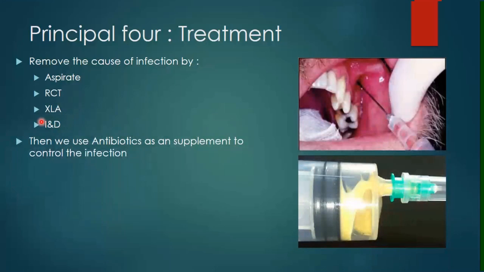But if we have an abscess, we need to do the incision and drainage to remove the bacteria from the site and reduce the pressure and to increase the flow rate to the infection site. By increasing the blood flow rate to the infection site, we're going to increase the washability of the blood to clean the area.